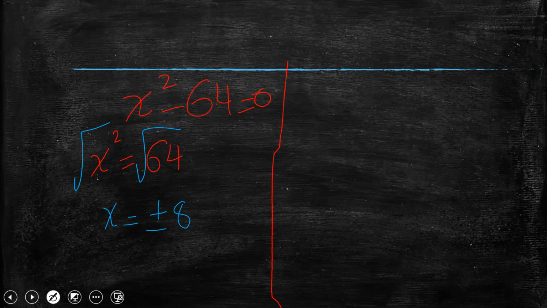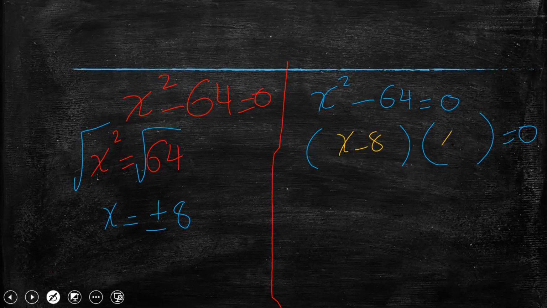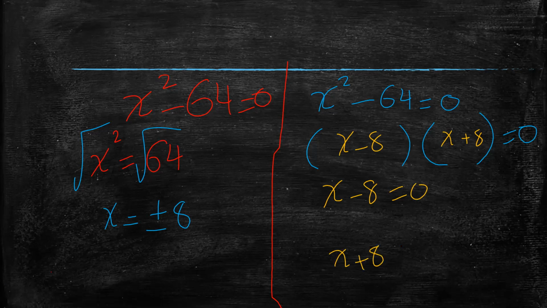And there is another way. Not completing the square, it can be factoring. Who can factorize x squared minus 64? How will it be? x minus 8 times x plus 8. Thank you. Then after that, by using the zero product property, x minus 8 is 0, or x plus 8 is 0.